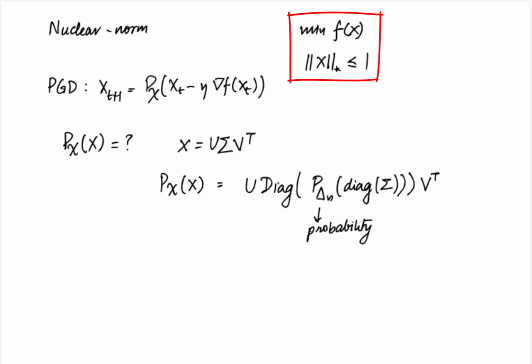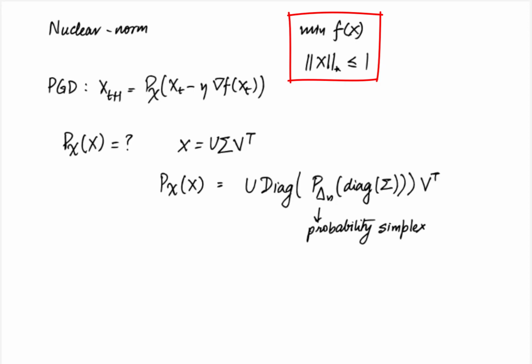So what we are essentially doing here is extracting the singular values of X, stacking them in a vector, and then projecting them onto delta_n, the probability simplex, so that they all sum up to 1, and then making them singular values of the resulting matrix. The singular vectors remain the same.